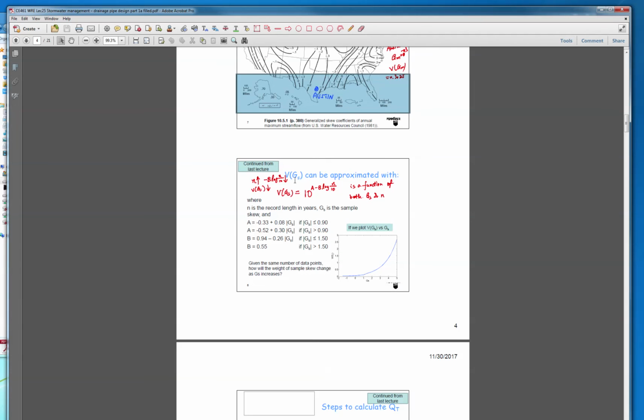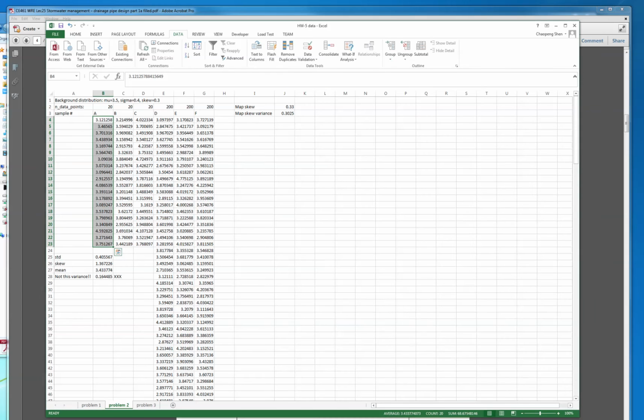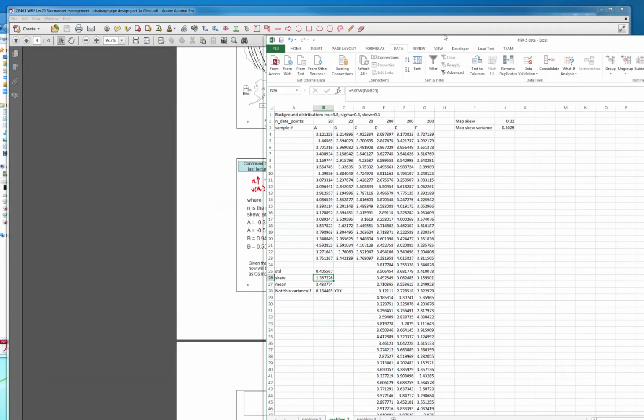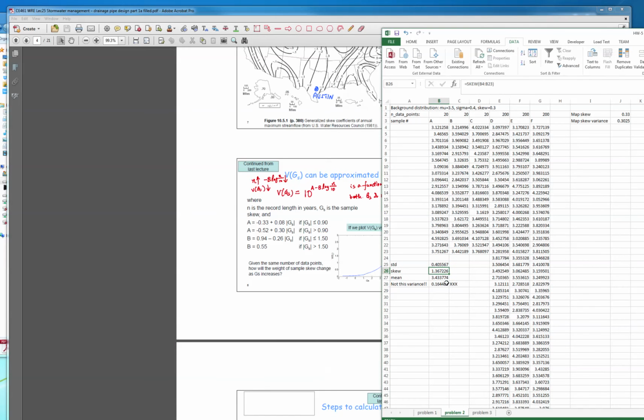Here, the variance of the sample skew can be approximated by this formula. VGS equals 10 raised to the A minus B log n over 10, where n is the length of the sample, the number of sample data points. You can count how many, this is 20. And we know that the skew is 1.36.